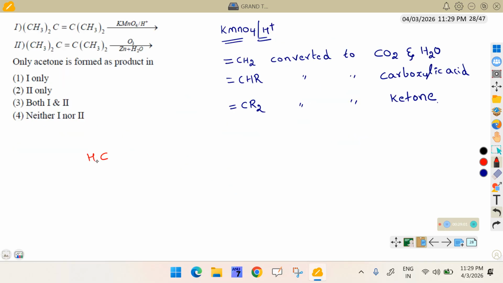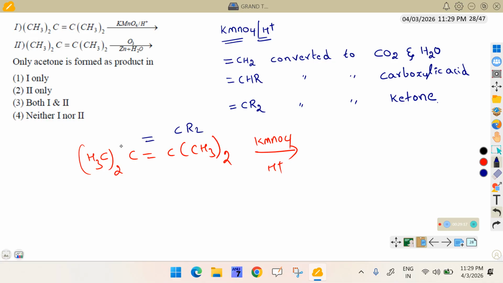(CH3)2C double bond C(CH3)2 reacts with KMnO4, H plus. This is in the form of a double bond; the right side is CR2, and the left side is also CR2. The CR2 group is converted to ketone. So what is formed? (CH3)2C double bond O. How many moles? 2 moles.